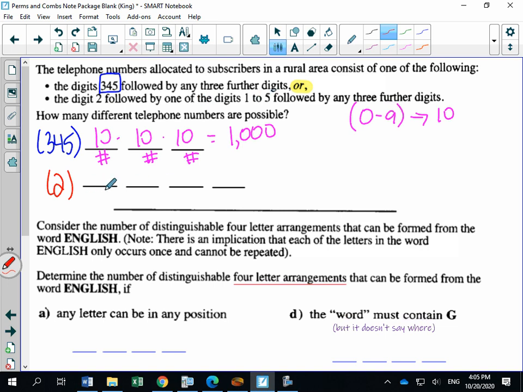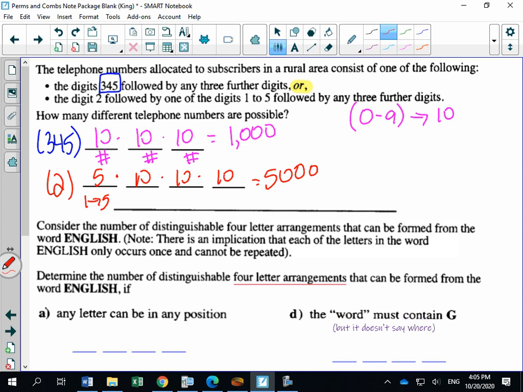So in here, the choices are the numbers 1 to 5, and there's 5 total choices, followed by any 3 further digits. So with 3 further digits, I'm going to have 4 stages total. They gave me a restriction on the first stage. It has to be the digits 1 to 5, so I've got 5 total choices. And then it could be any 3 digits here, including 0. So this would be 10 choices, 10 choices, and 10 choices. If you did 1,000 times 5, you would get 5,000.